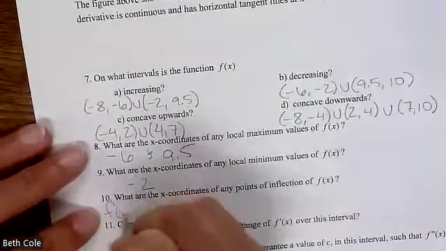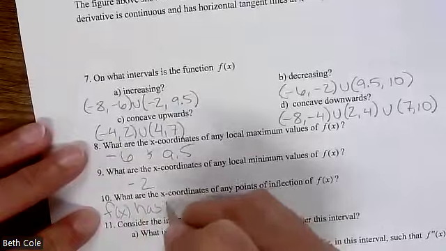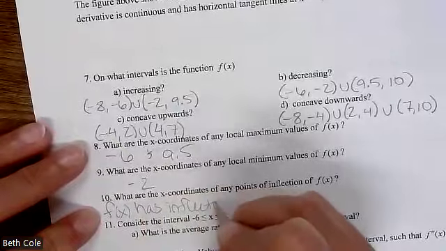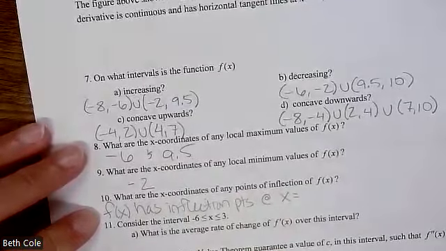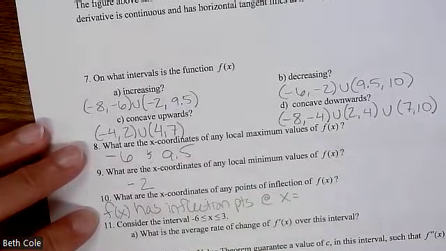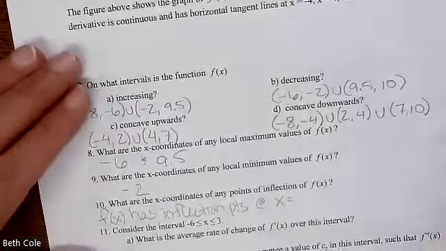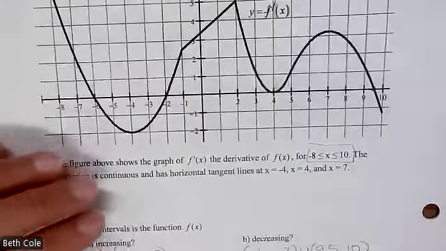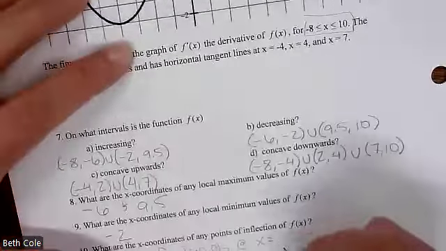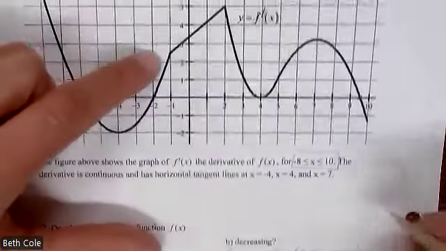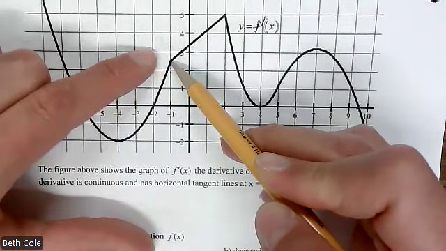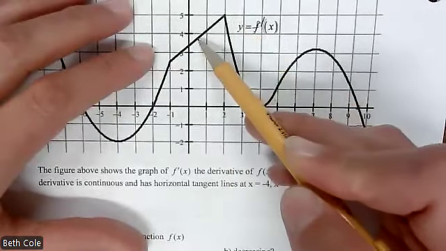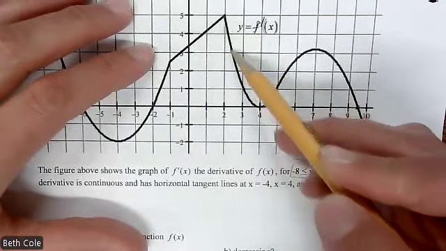f of x has, we're going to write our whole sentence here. f of x has inflection points at x equals, and there are a bunch of them. So where do you think? Where have we got one? -4, good. And this is what I was talking about. Does this count? No. This one does though, because we changed from, okay, good.